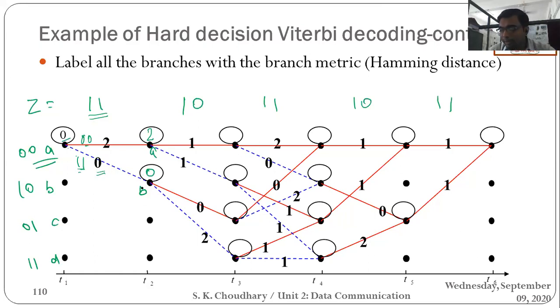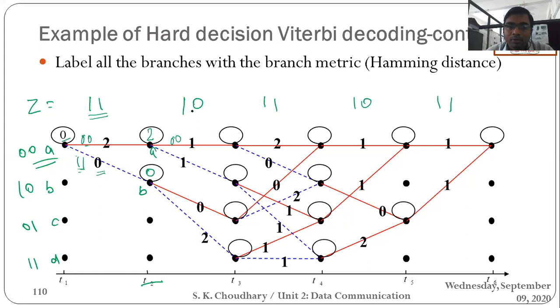In this way you enter time t2, where you now have two nodes. Again, this is the first transition, so we do not go for the survivor part. We have to wait for the opening of all four nodes. When you are at A and again receive input 0, your output is 0 0.